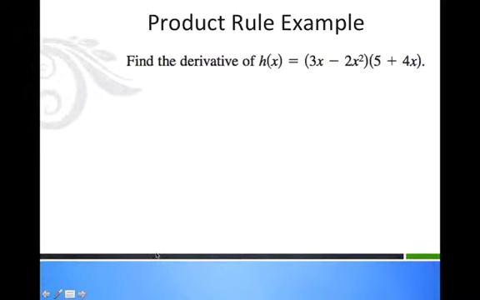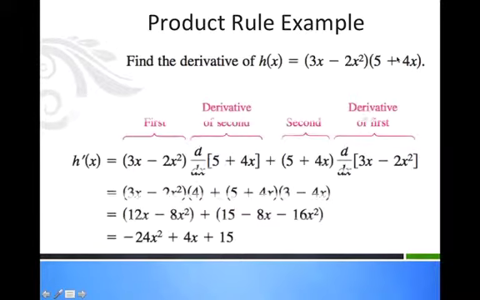All right, so let's go ahead and try a practice problem. Press pause and see if you can do this on your own. Okay, so I gave you a hard one right from the start. We've got a function here, so this is u, and this function is v. So what we're going to do is find the derivative. We take the first function, keep it the same, and multiply it times the derivative of the second function.